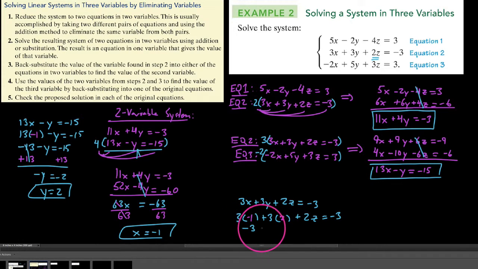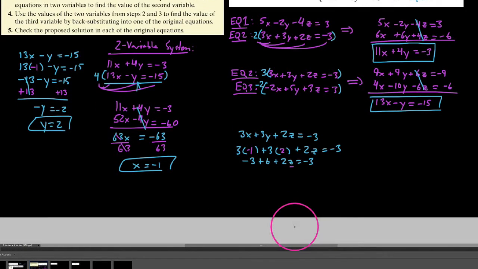So what we end up with is this negative 3 plus 6 plus 2z equals negative 3. And what that does is it leaves one unknown that we can go and solve for here. So as we combine like terms, we would get a positive 3 plus 2z equals a negative 3. As we subtract 3 from our negative 3 on the right, we get a negative 6, so 2z is a negative 6. And so we could solve for z now and say that that's a negative 3.